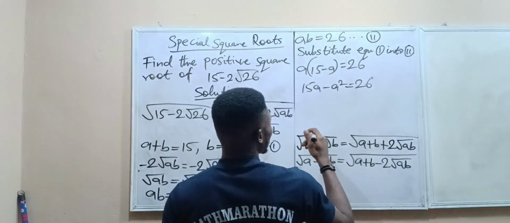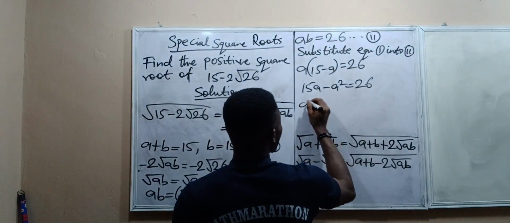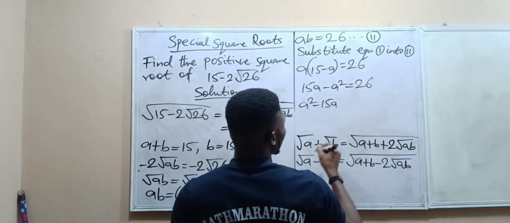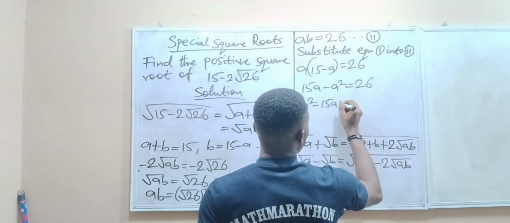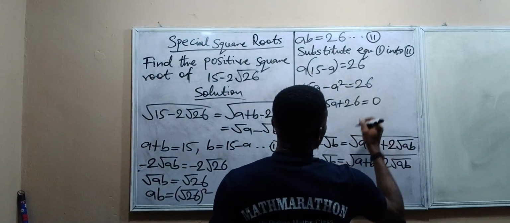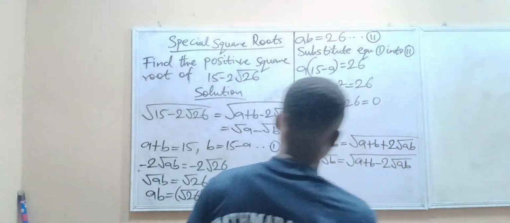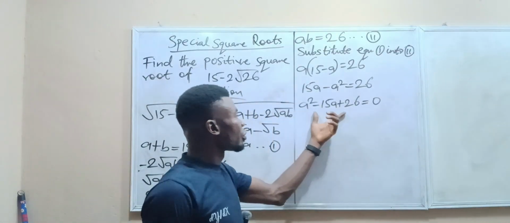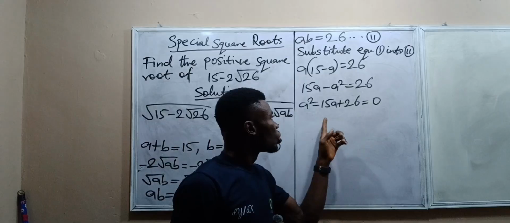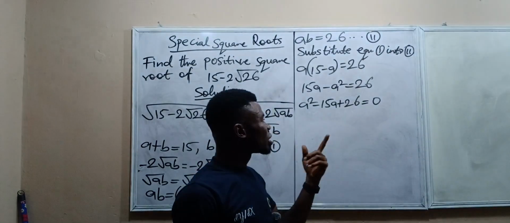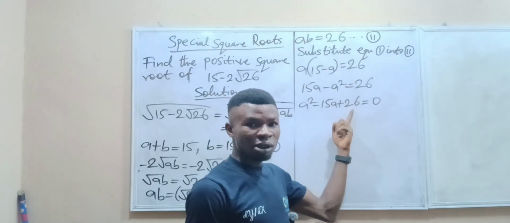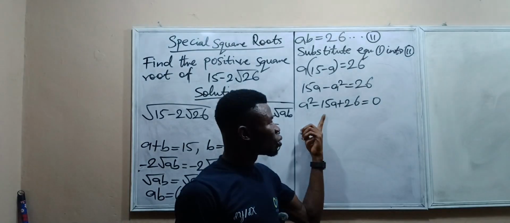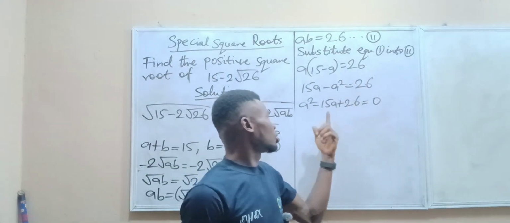Then we move all these ones to the other side. We have that a squared minus 15a plus 26 is equal to 0. So from here, we need to factorize. We look for two numbers which when you multiply, you get 26, and when you add, you get minus 15.